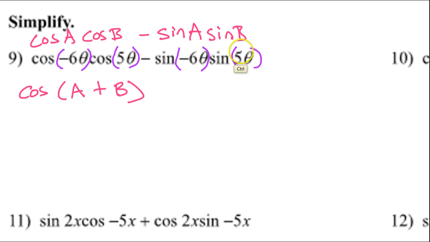Everywhere you see a B, you see a 5 theta. So if I want to put it back into this shorter form, A is the negative 6 theta, and B is the 5 theta. Negative 6 theta plus 5 theta, that's negative 1 theta, or negative theta. And I suppose we can just leave that as the final answer.